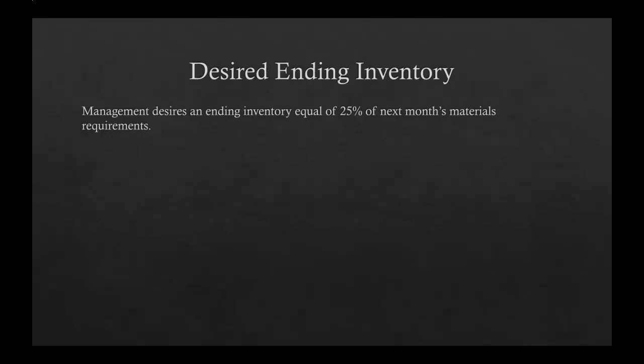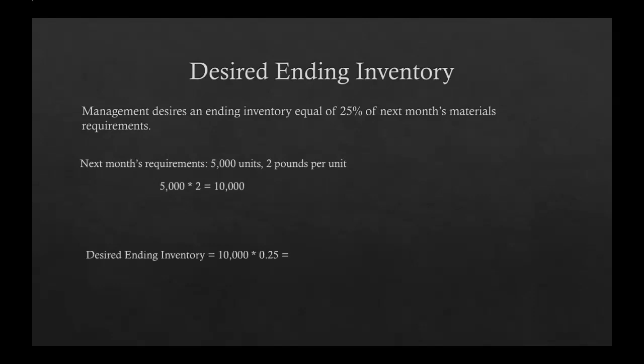Now, we need to figure out our desired ending inventory. It tells us that management wants an ending inventory of 25% of next month's materials requirements. Well, next month's materials requirements, that's the 5,000 units that are being made in February times the 2 pounds per unit. So next month's requirements are 10,000.